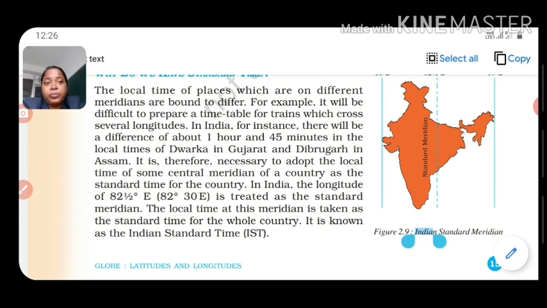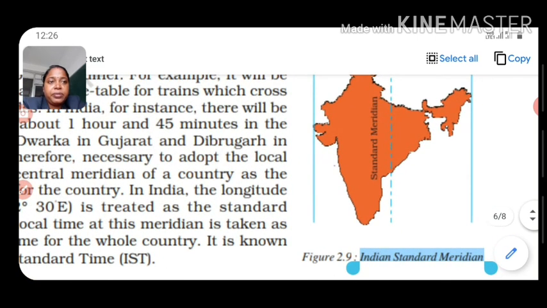So like this we are having differences of nearly 1 hour 45 minutes in the different areas of east and west directions. Okay, so write this down. See the Indian standard meridian, it's shown in your figure number 2.9.